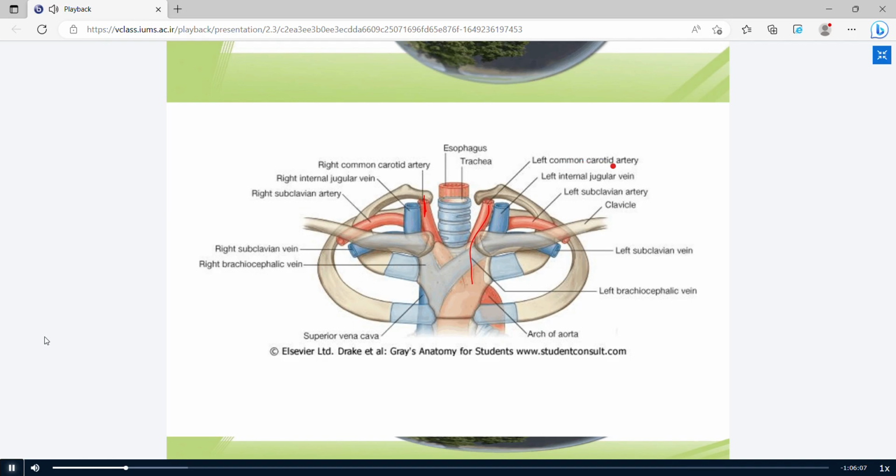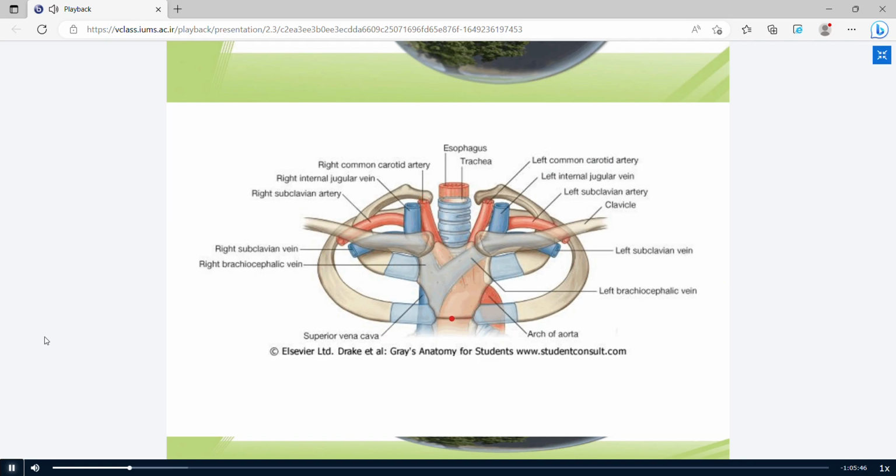The left common carotid artery arises directly from the arch of aorta, but the right common carotid artery arises from the brachiocephalic artery. This is the brachiocephalic artery.